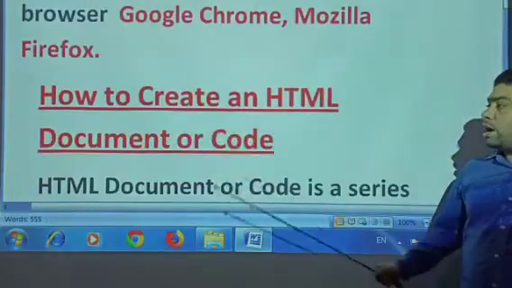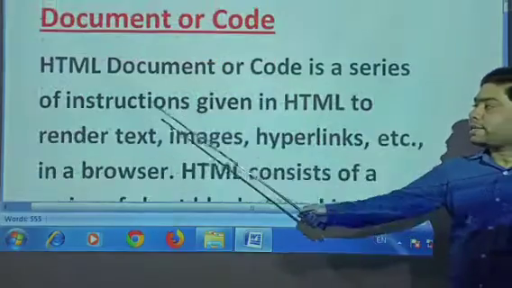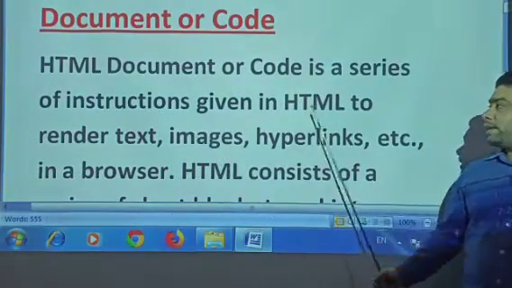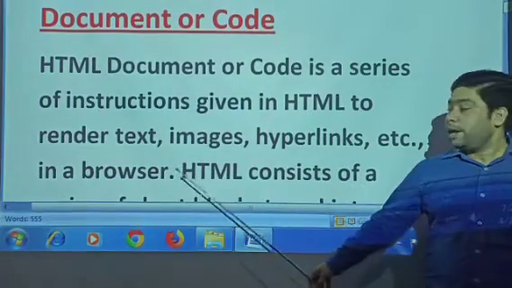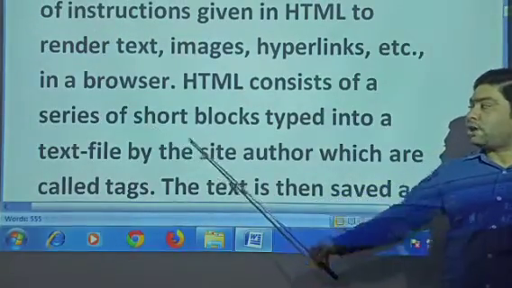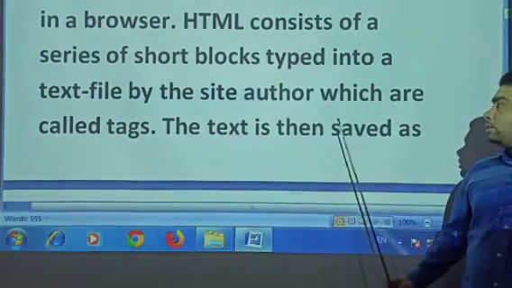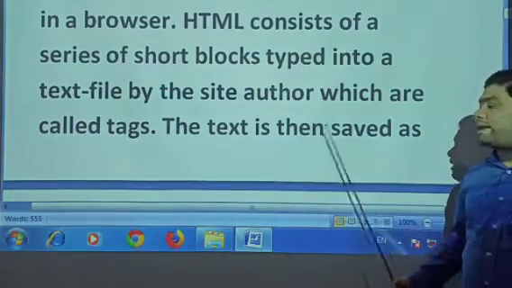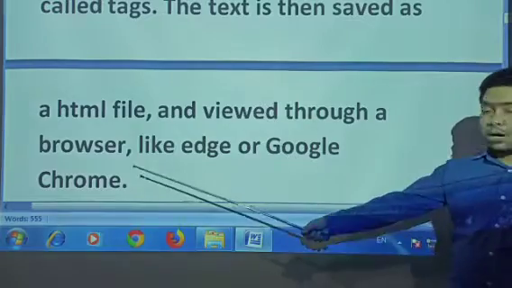Now, how do we create an HTML document or code? Simply, an HTML document or code is a series of instructions given in HTML to render text, images, hyperlinks, etc. in a browser. HTML consists of a series of short codes typed in a text file by the site author, which are called tags, and the text is then saved as an HTML file and viewed through a browser.